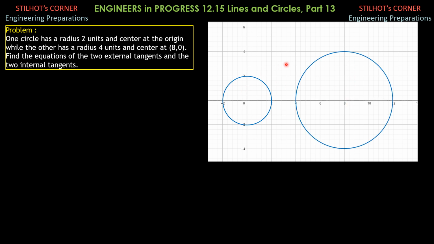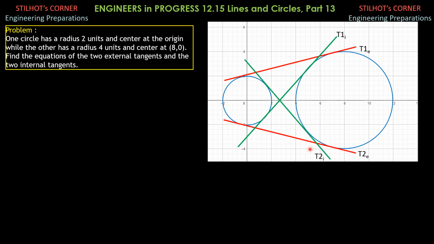So this is the external tangent 1, external tangent 2, then an internal tangent with positive slope as shown, and another internal tangent with negative slope, the negative of the slope of the internal tangent 1.